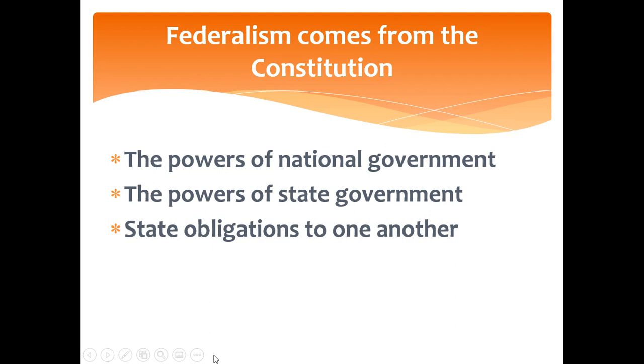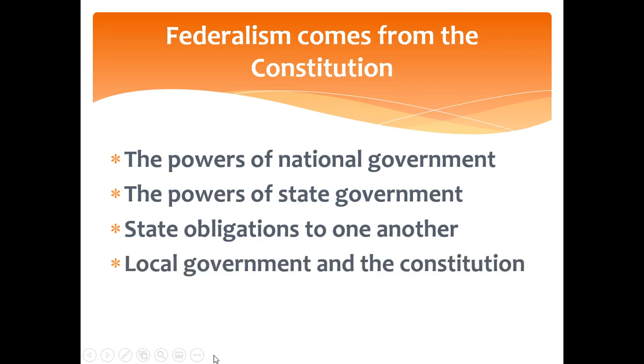Can they automatically decide they're not going to hire people from outside the state of California? No, they can't. That's a violation of the comity clause. So, Article 4, Section 1, full faith and credit clause. Article 4, Section 2, the comity clause, or the privileges and immunities clause.